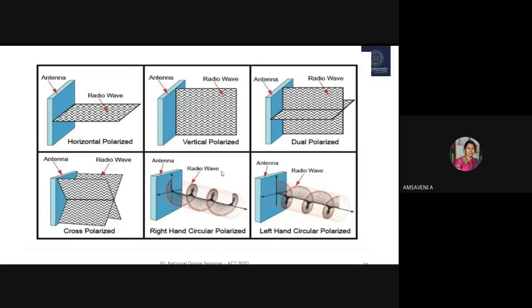Right hand circularly polarized is based on the phase shift. If you have an electric field vector, it will have three components, for example in rectangular coordinates Ex, Ey, Ez. It's a well known coordinate system for you. So Ex and Ey should have the same amplitude.